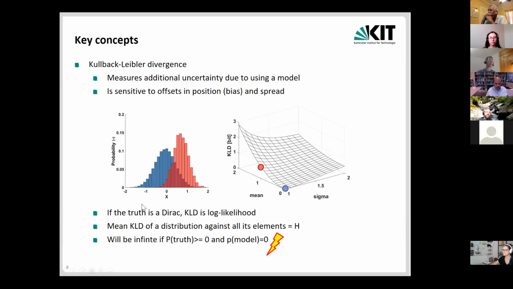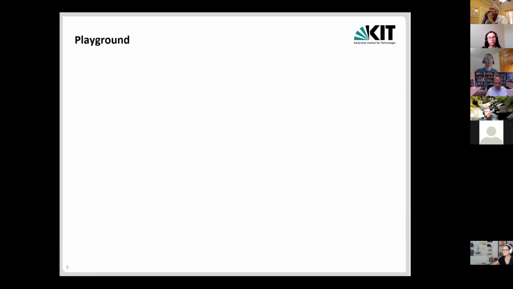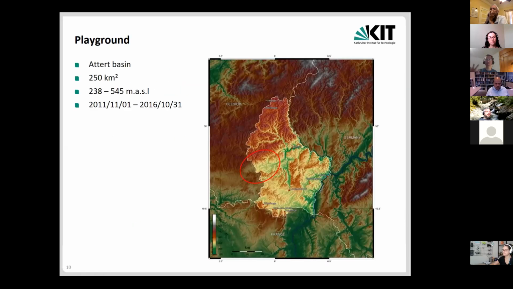And of course, we'll have to handle this problem if the probability of a certain event in reality is non-zero, but your model says it's 0, we will have to handle infinite Kullback-Leibler divergence, which then completely spoils, say, a measure of distance. So these are the two main things, entropy and Kullback-Leibler divergence, that I'll need in the next slides.